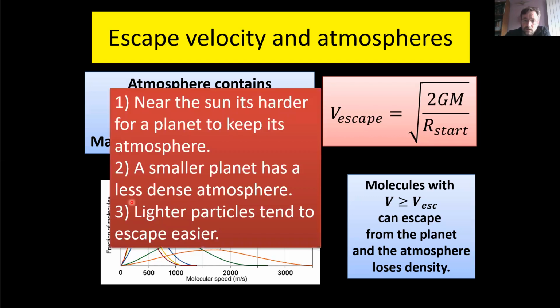So lighter particles tend to escape more easily. Okay, where is it easiest to escape from? Near the surface of the Earth or the upper layers of the atmosphere? Of course, in the upper layers the escape velocity will be a bit lower. It's easier to escape. And for a molecule to come up there, it undergoes a random walk.